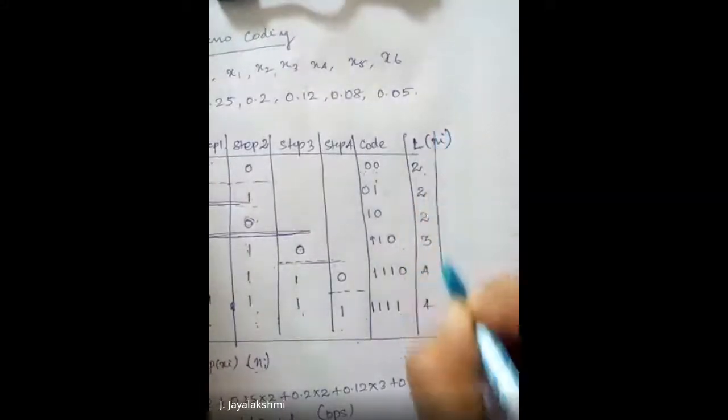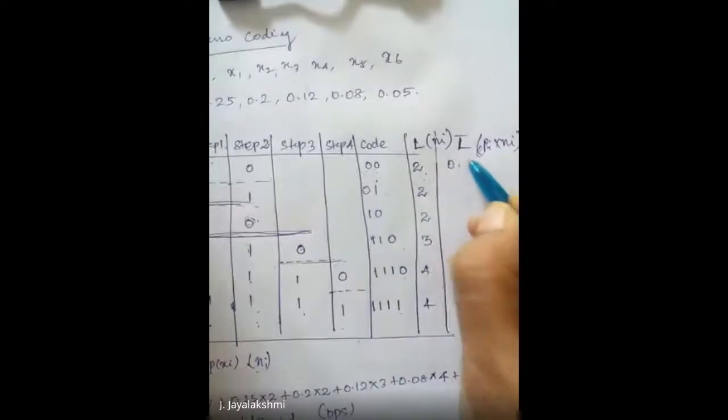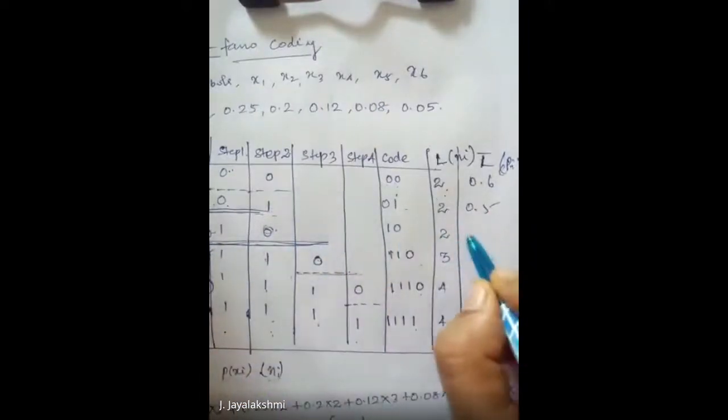The average length is L bar, which is nothing but the probability multiplied with the Ni value. That is 0.3 into 2, you can write it 0.6. 0.25 into 2 is 0.5. 0.2 into 2 is 0.4. 0.12 into 3.